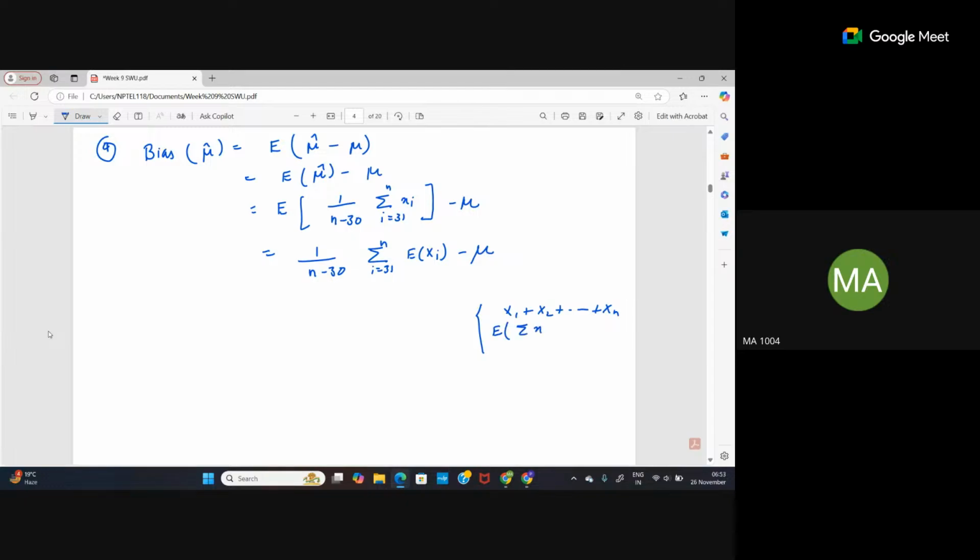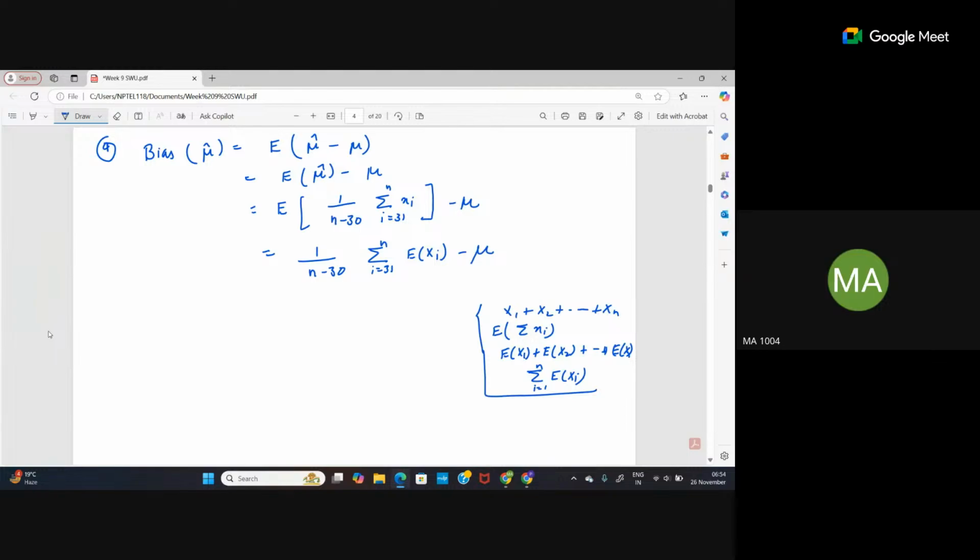Then it will be expectation of x1 plus expectation of x2 plus expectation of xn, right? So we can write it as the summation of the expectation of xi. Is this clear? Yes, ma'am.